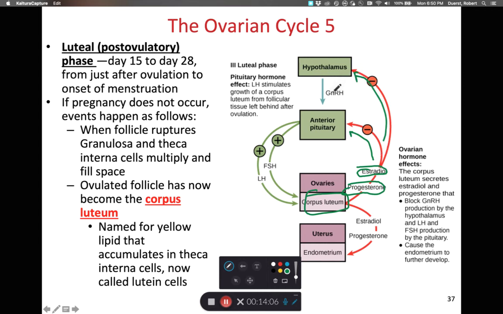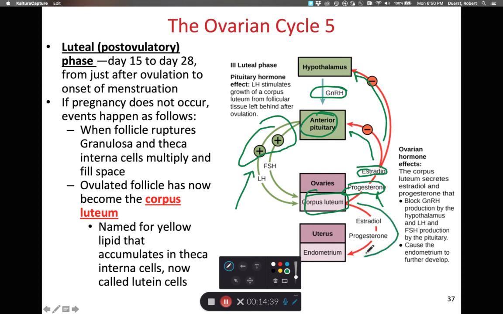The progesterone is highly inhibitory, and will cause the hypothalamus to downregulate GnRH production and cause the anterior pituitary to reduce the amount of LH and FSH it produces. So that progesterone is going to be a potent inhibitor of the gonadotropins and the gonadotropin releasing hormone, ultimately making it so that a follicle doesn't begin development during the second half of the ovarian cycle.